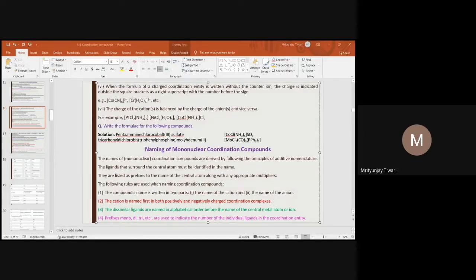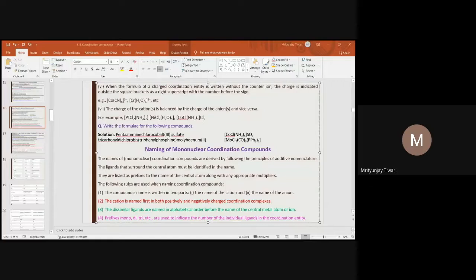If you look into the alphabetical order, chlorine will come first, so it is Cl2 for dichloro. Then we write CO, which is polyatomic, and three as a subscript, (CO)3, to represent three CO ligands. Then PPh3 twice.